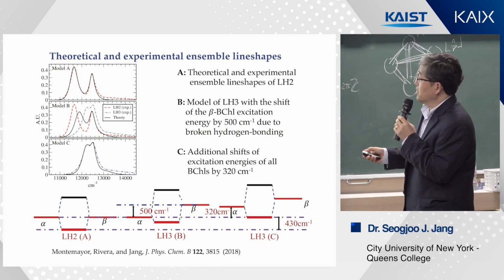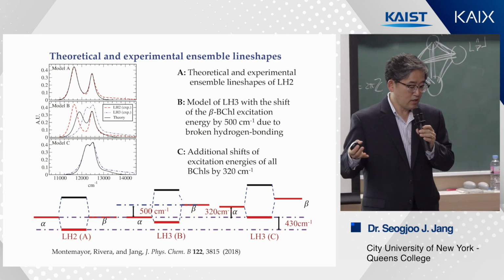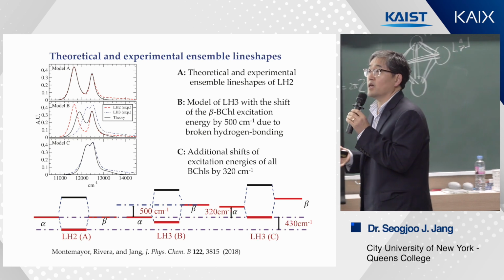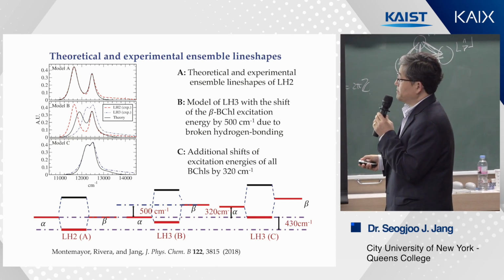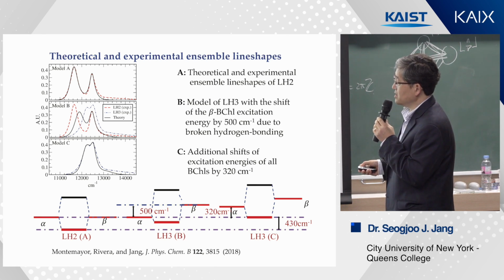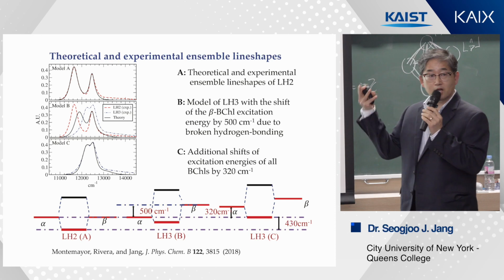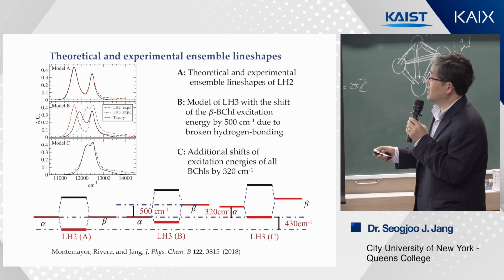But when we included all the information from our simulation and considered only the fact that the beta bacterial chlorophyll has broken hydrogen bonding, while assuming all others are the same as LH2, this is our theoretical line shape, which is very different from the experimental one.